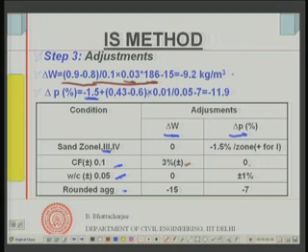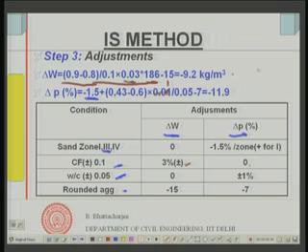Since there is a reduction, this will be a negative value multiplied by 1 divided by 0.05. This would be 1, not 0.1. And minus 1.5 I already had. So, that would be the quantity.